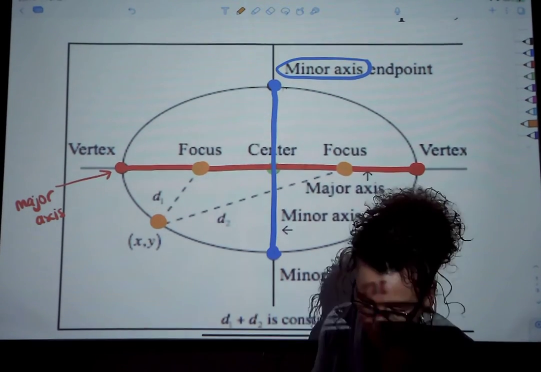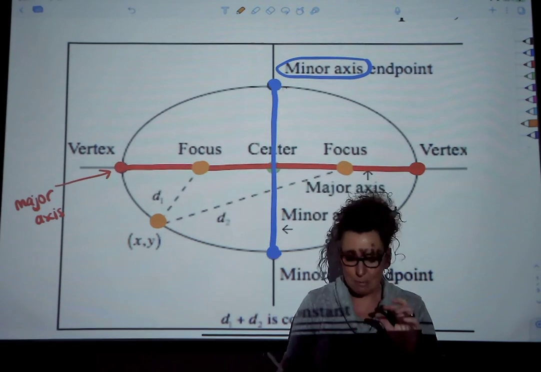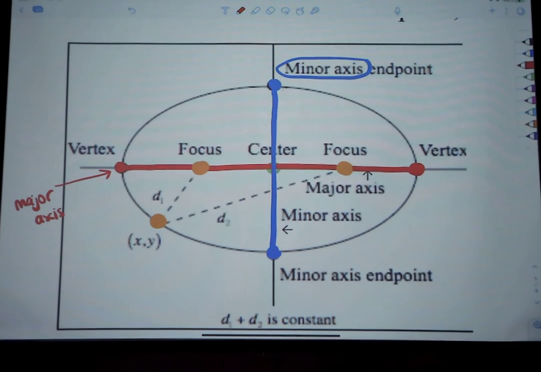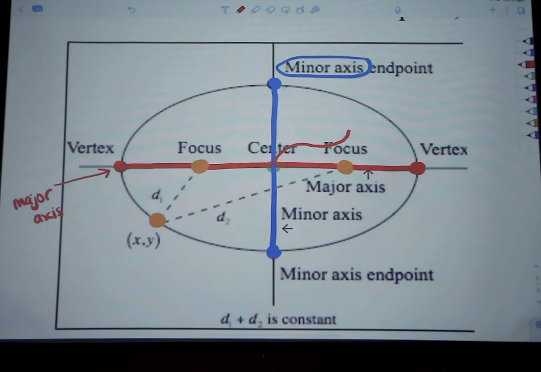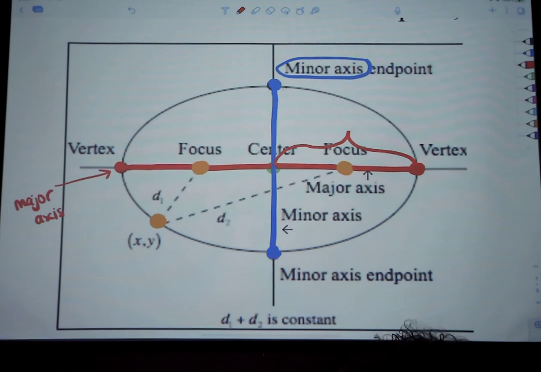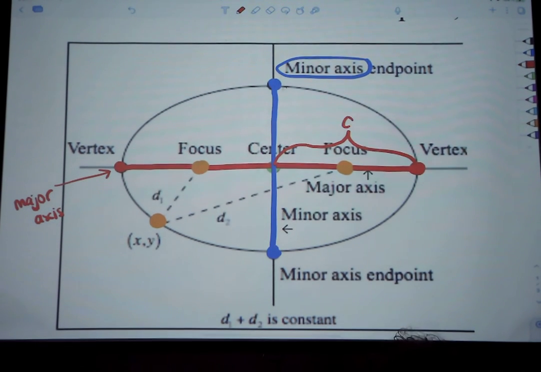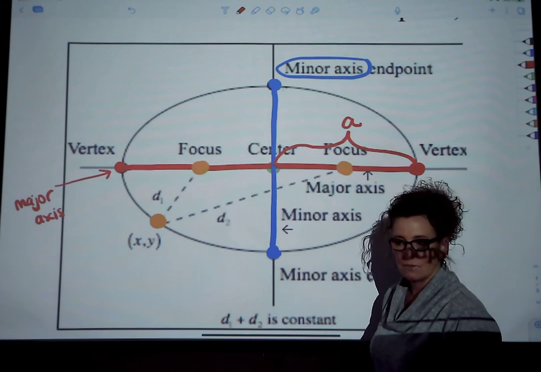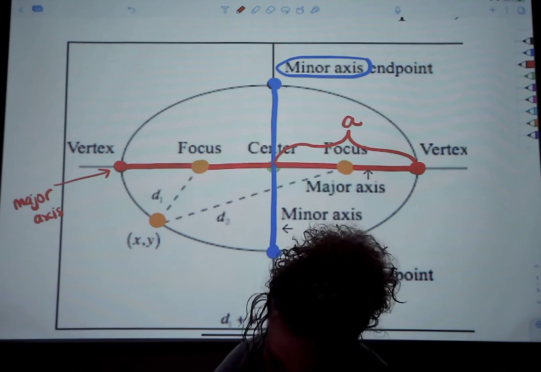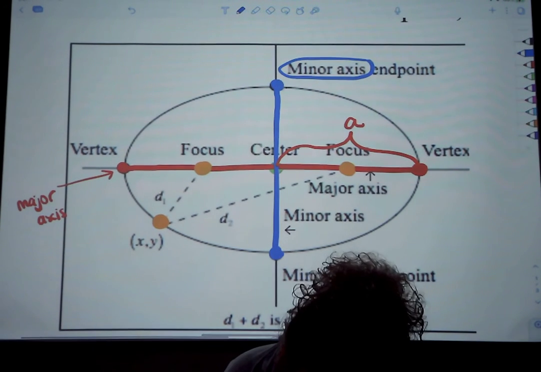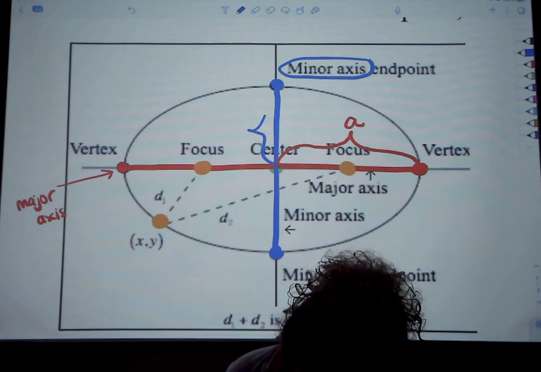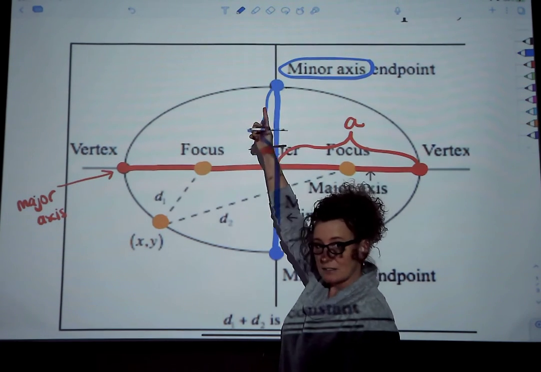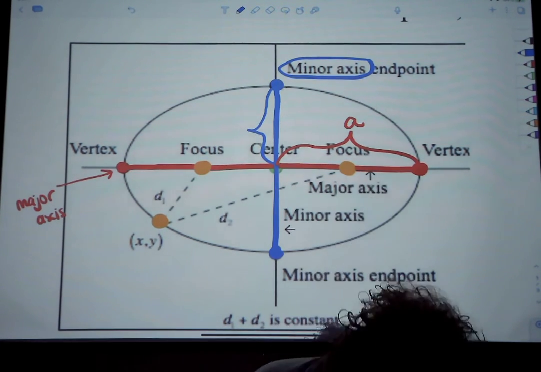I gotta tell you where the A and the B come from, and the C. So on your major axis, the distance from the center to a vertex is little a. The distance from the center to the edge of the minor axis is little b.